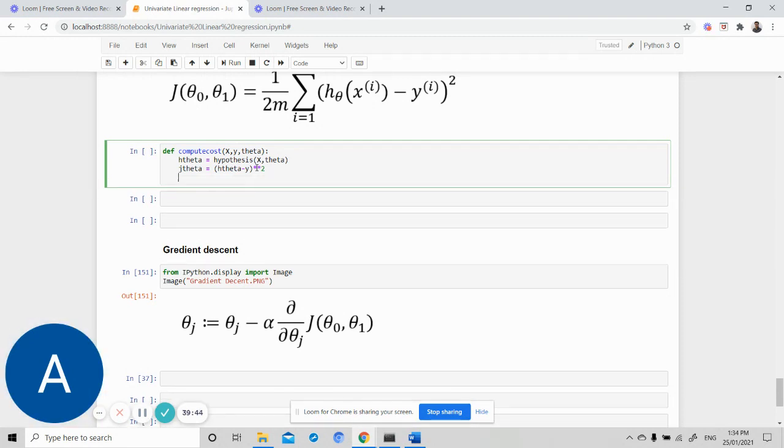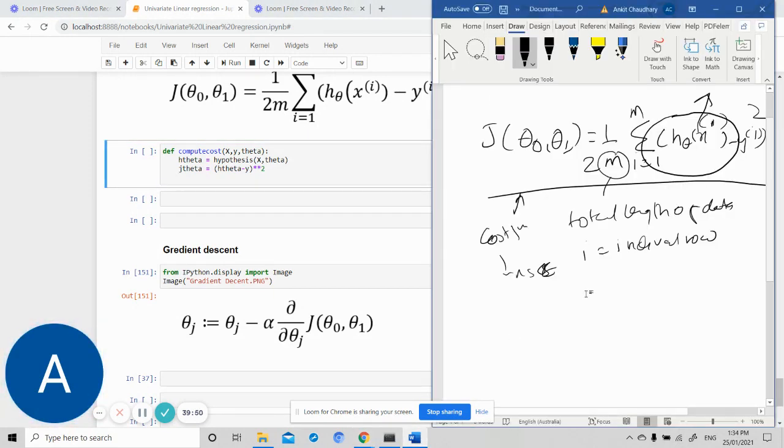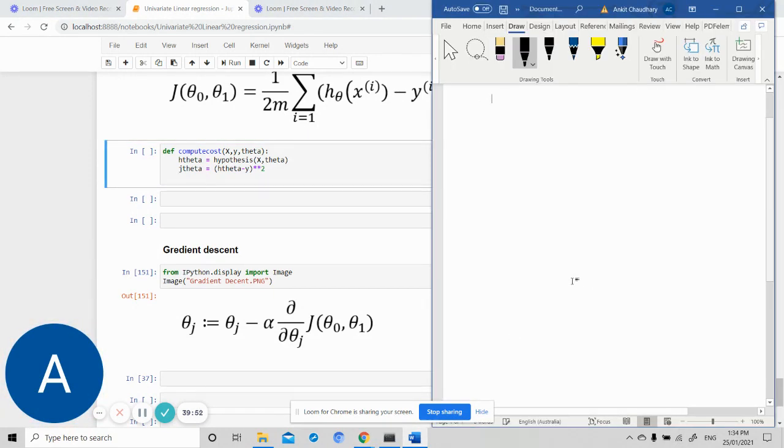Again, this is what we did. So now what happened is, our J of theta naught and theta 1. Why we do theta naught and theta 1 is because right now our hypothesis is theta naught plus theta 1 x.